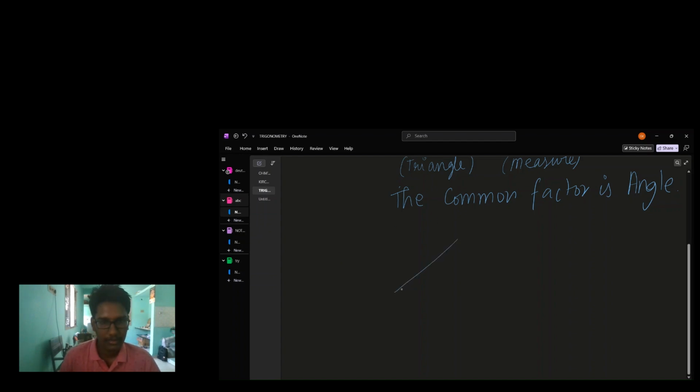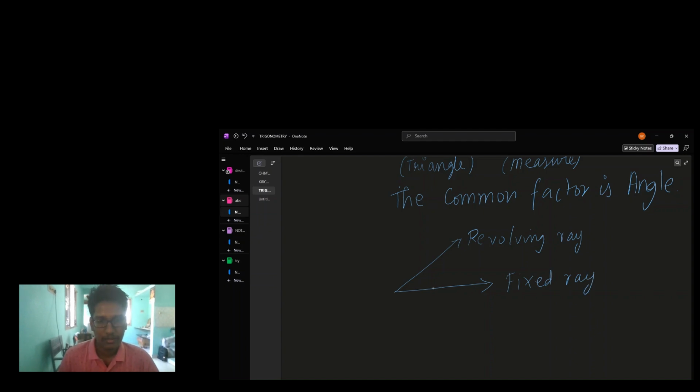So let us take two different rays, in which this ray is called the revolving ray and this is called the fixed ray.